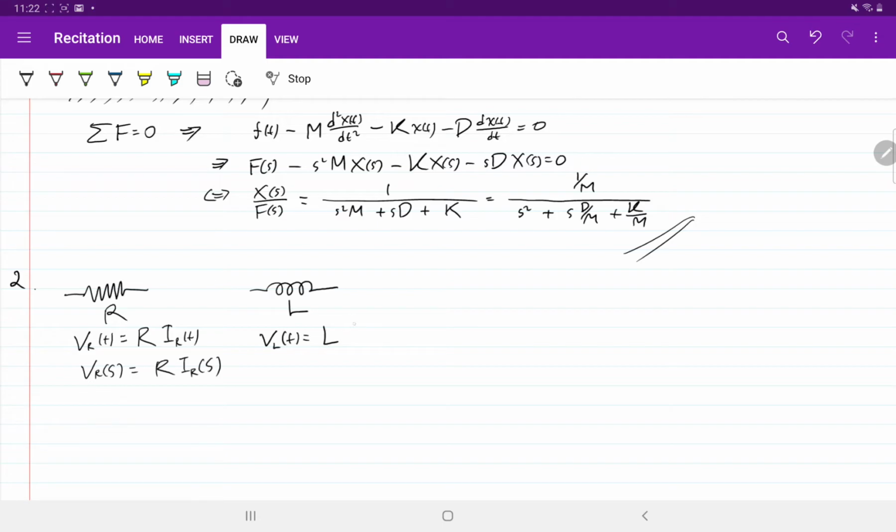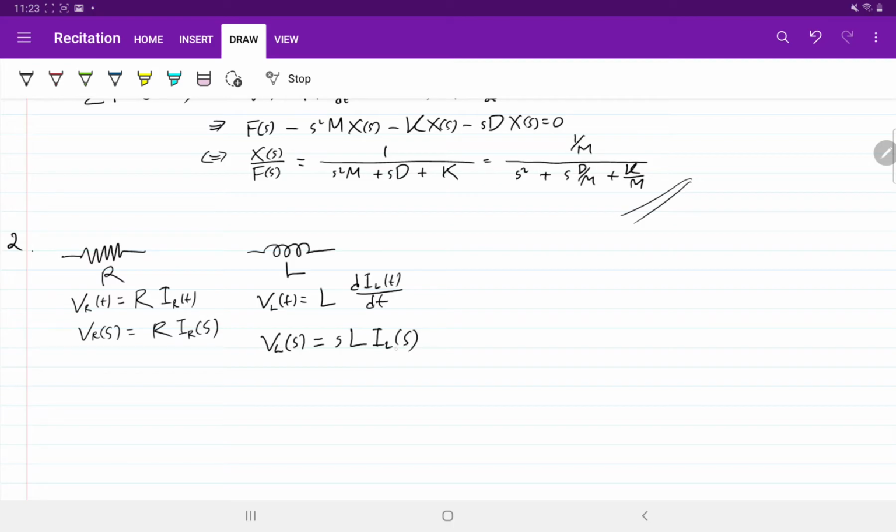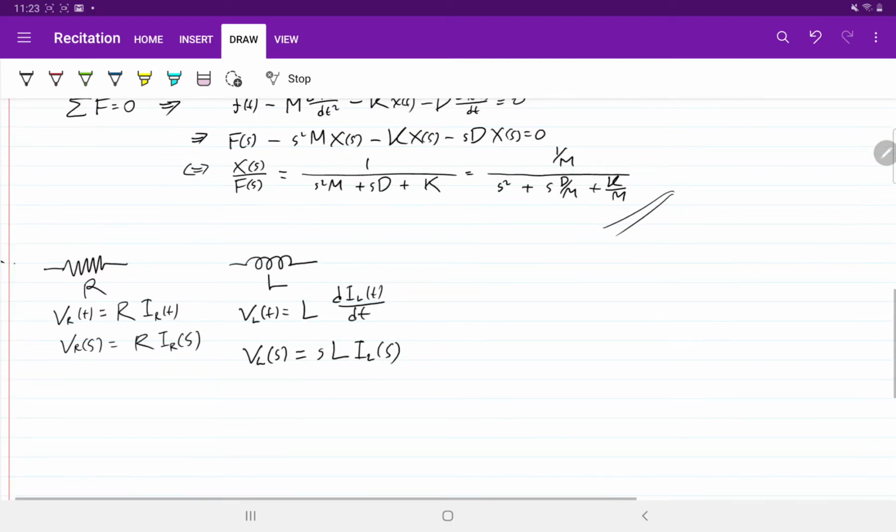So L times di_L over dt. If we take the Laplace transform of this, then we get V_L of s is L times s times I_L of s, again assuming zero initial condition.